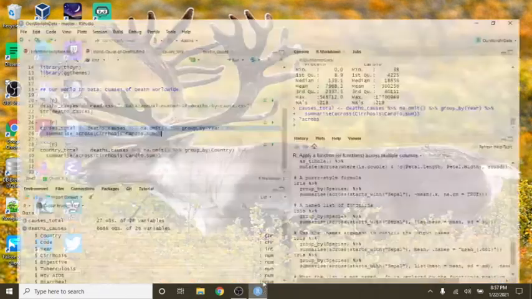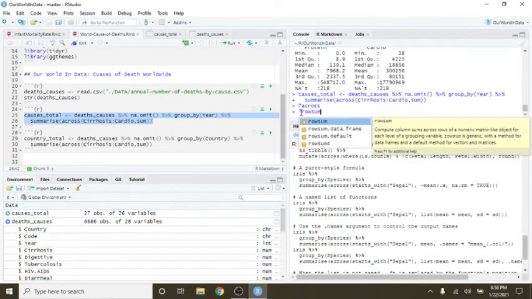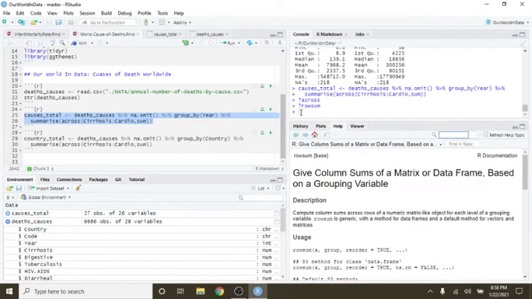Now there is, of course, a row sum function, I do believe.